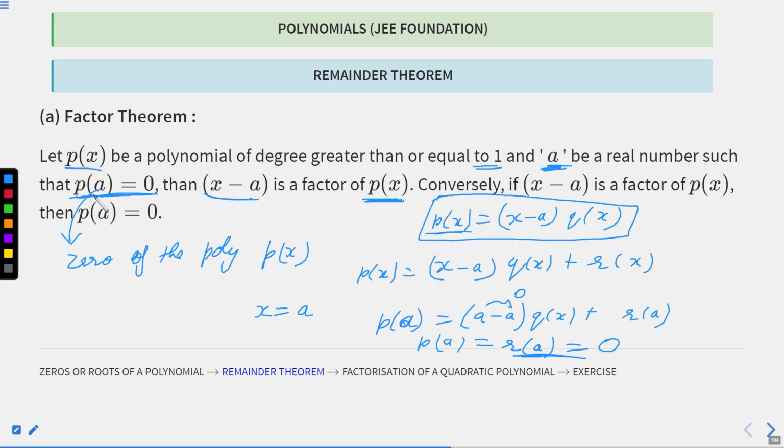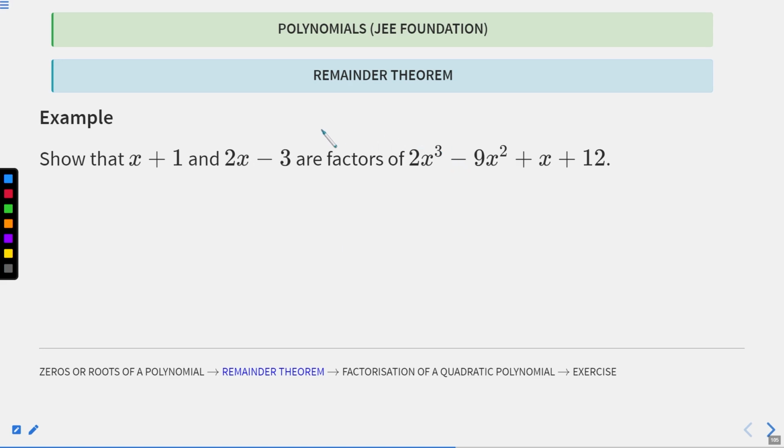So if p(a) is equal to 0, then x minus a we call a factor of p(x). So factor means that this polynomial will completely divide, or if this divides our original p(x), then the remainder will be equal to 0. Okay, I hope this is clear. Let's move next, and see an example to understand better.